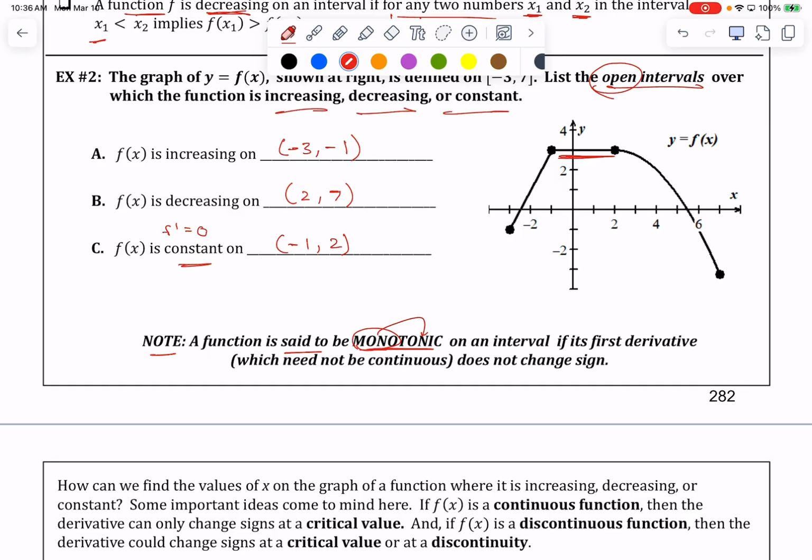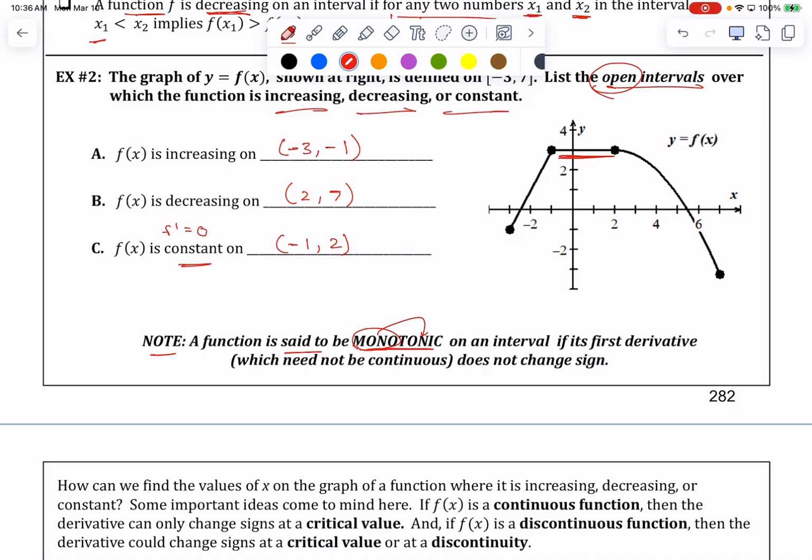Can anybody think of a function that all it does is increase? Y equals x. What else? A J curve, that's not as boring. Those are strictly monotonic.